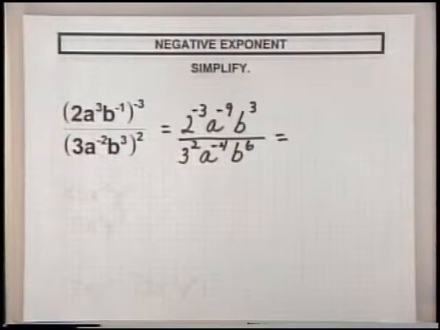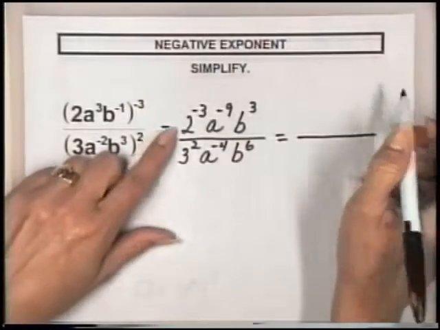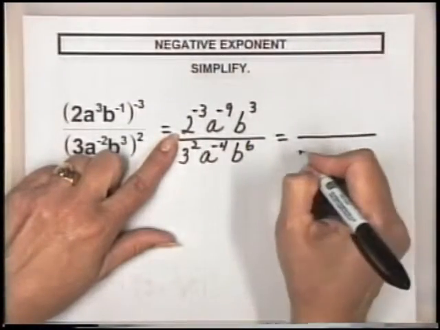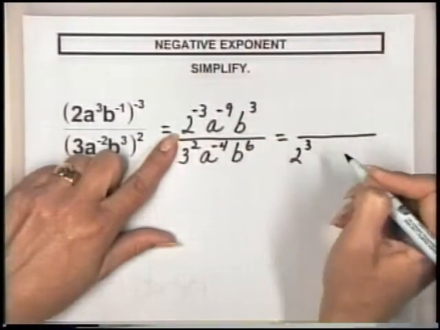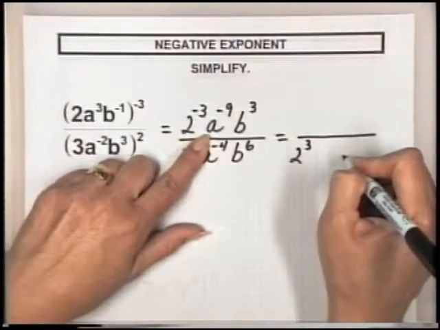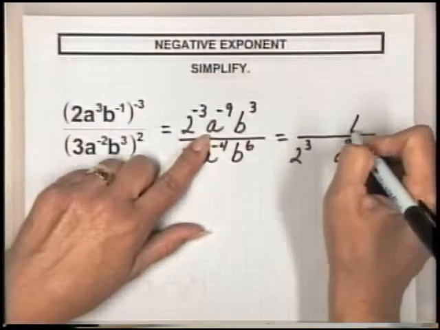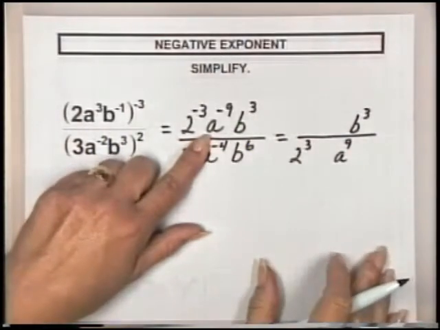Next, I will move all factors with negative exponents. The 2 to the negative 3 will move to the denominator as 2 cubed. The a to the negative 9th will move to the denominator as a to the 9th.